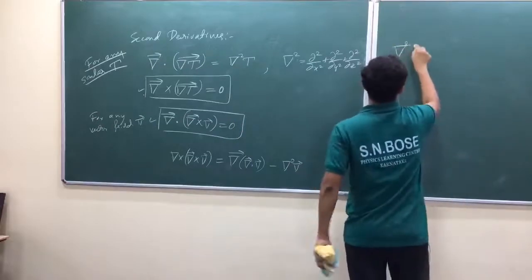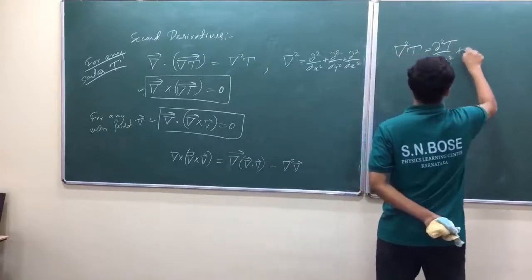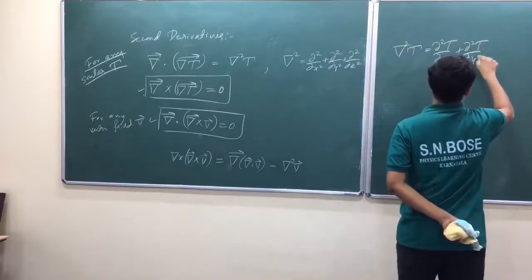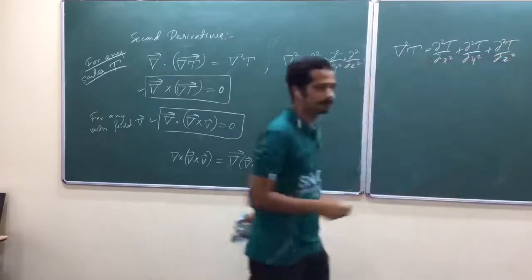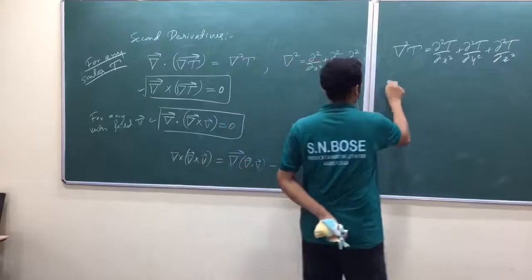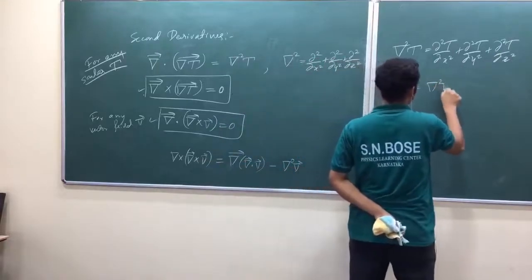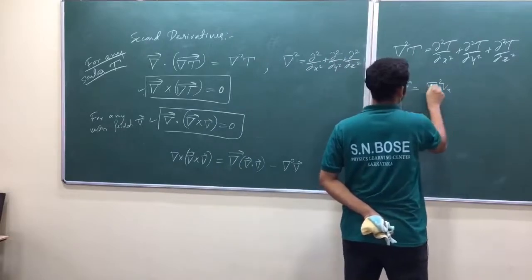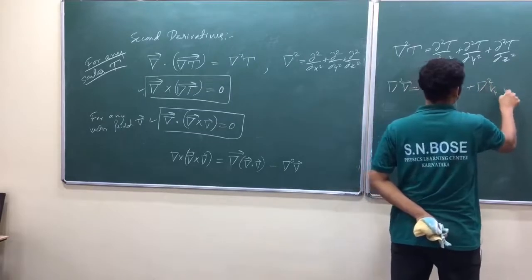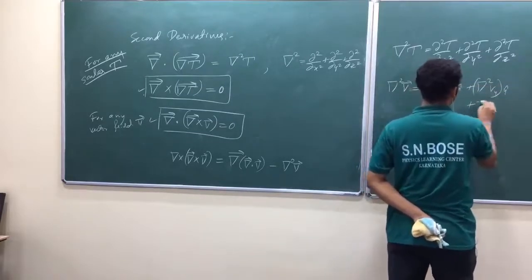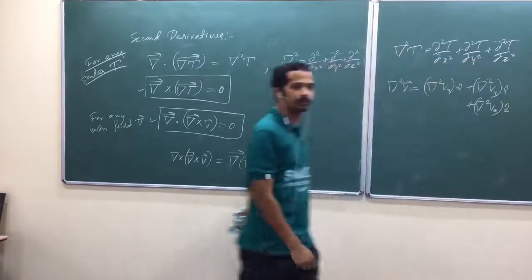So del square of scalar T is nothing but dou square T by dou x square plus dou square T by dou y square plus dou square T by dou z square. Is that okay? Now del square of a vector field, that's equal to del square Vx x cap plus del square Vy y cap plus del square Vz z cap.